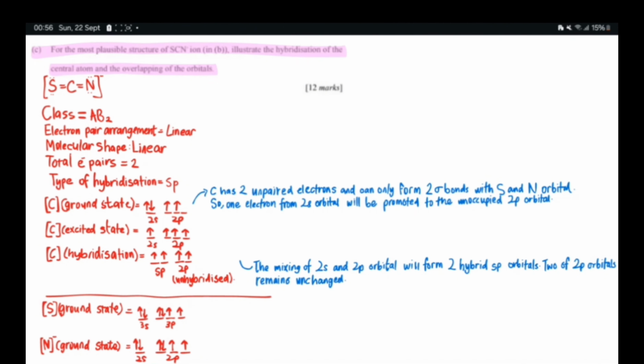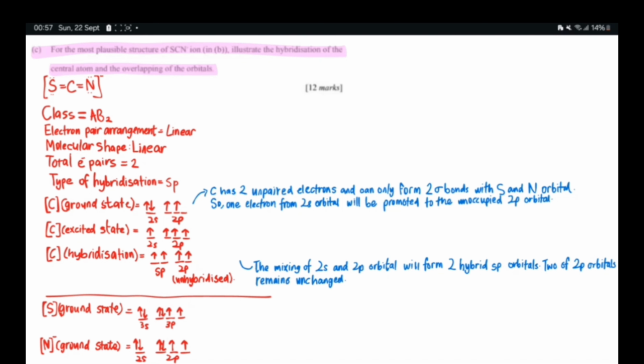As carbon has 4 electrons, this carbon has 2 unpaired electrons and can only form 2 sigma bonds with s and p orbitals. As we need to form 2 sigma bonds and 2 pi bonds, therefore 1 electron from the 2s orbital will be promoted to the unoccupied 2p orbital, and therefore carbon at its excited state would be like this.